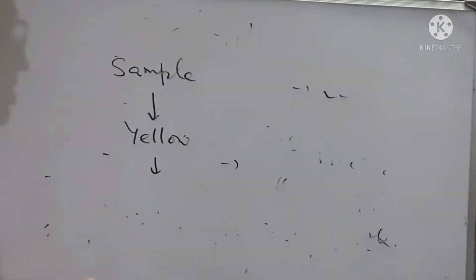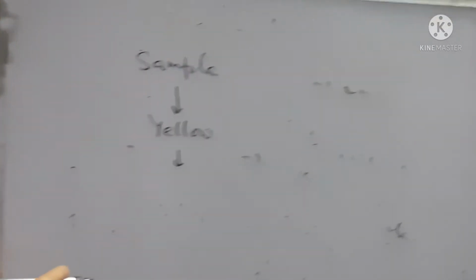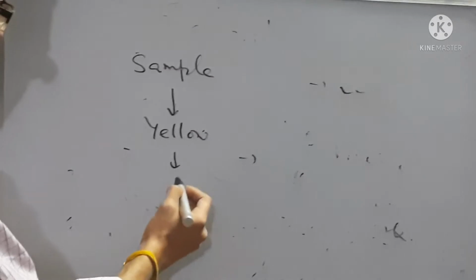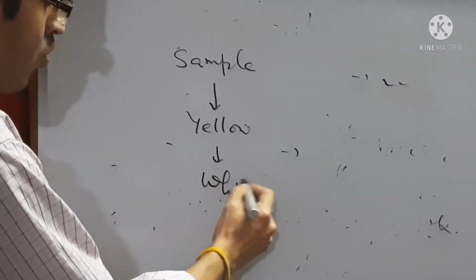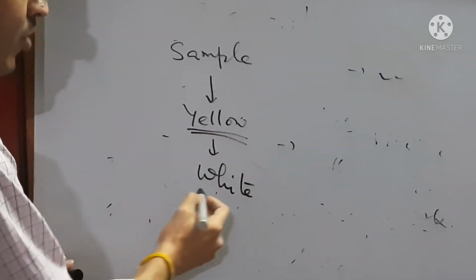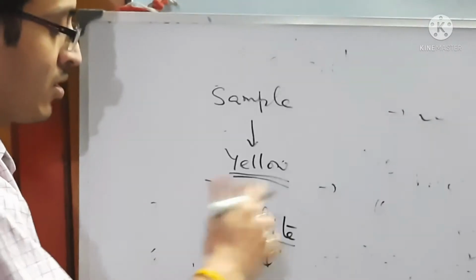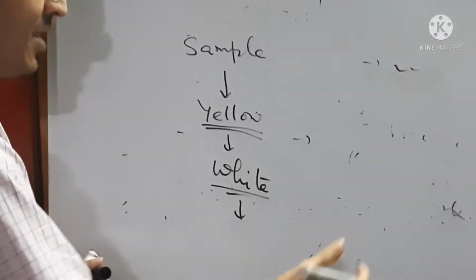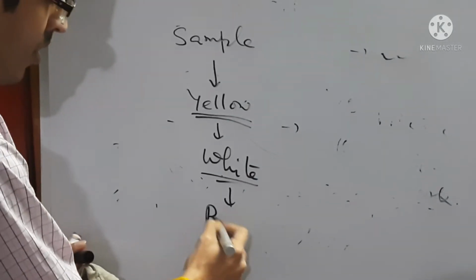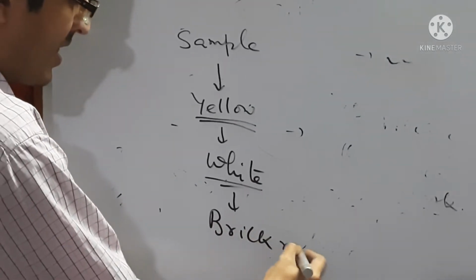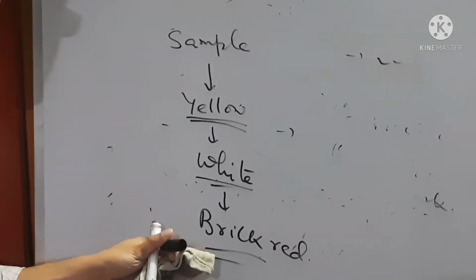Okay, and then titrate it against the silver nitrate solution. At first it will turn into white, the yellow color will be turned into white color. Then the white color is replaced, and the end point of the titration will be indicated by the appearance of brick red color. Okay, so the end point is a brick red color.